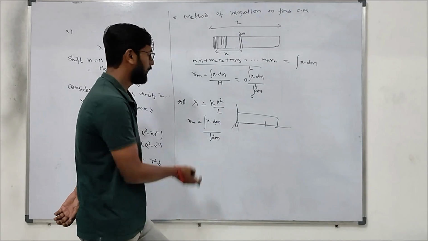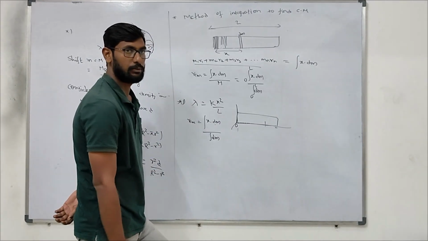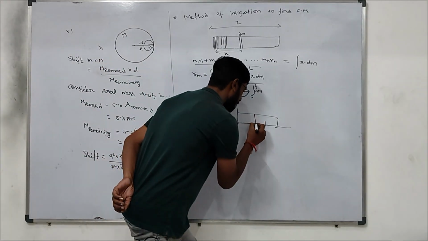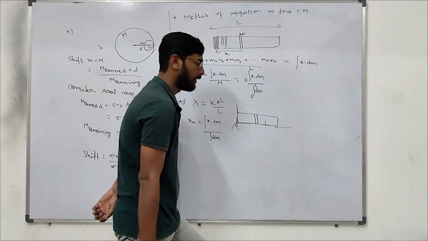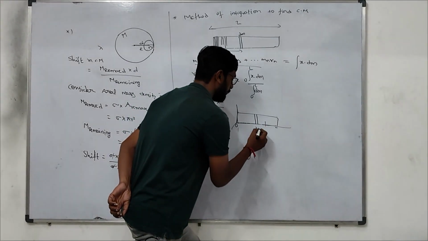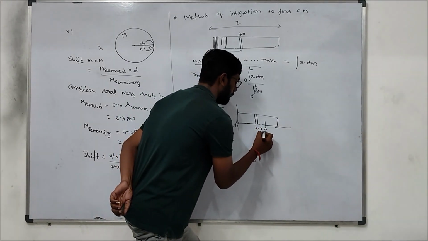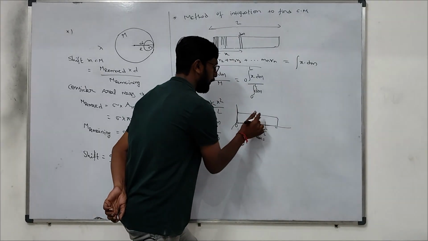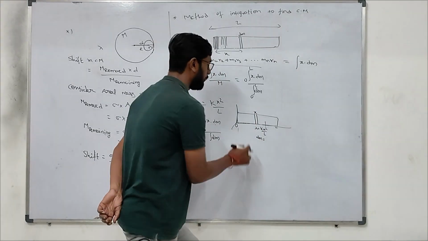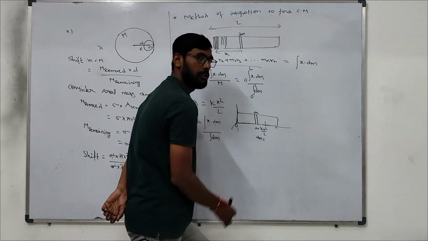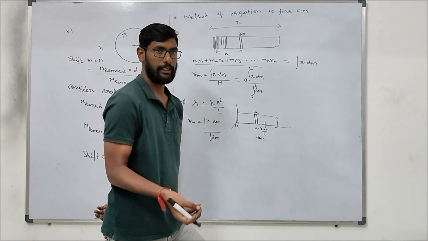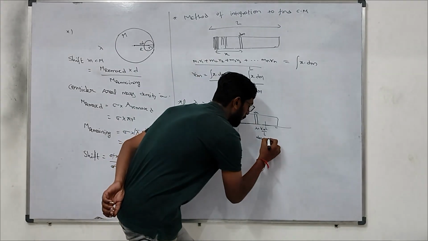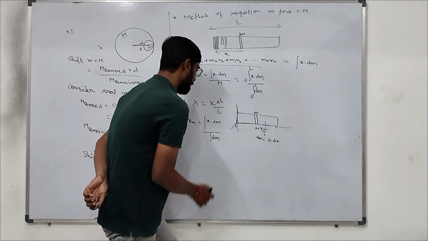Here we know lambda, which is kx square by L, but the small mass dm will be what? Take a small length dx. Mass will be linear mass density into length. Here the length will be dx. Then dm will be lambda into dx, right?